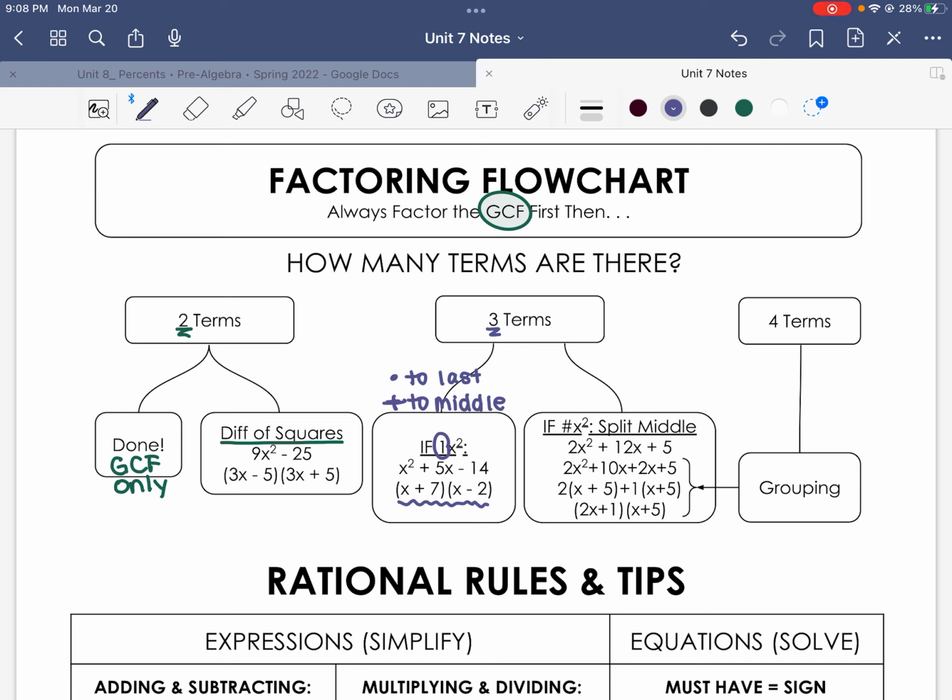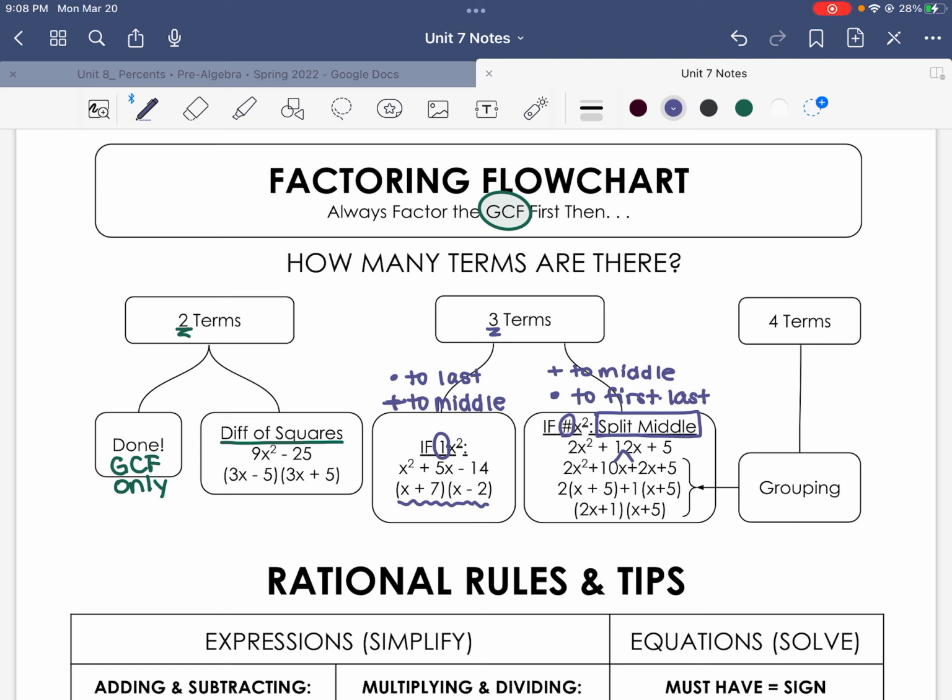If there is a number in front of x squared, though, you have to split up the middle like this. You're looking for two numbers that still add to the middle like they did before, but they have to multiply to the first times the last.